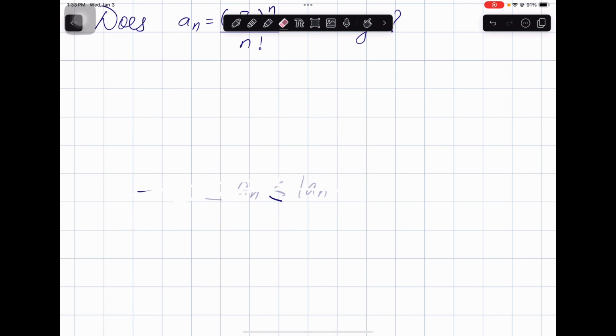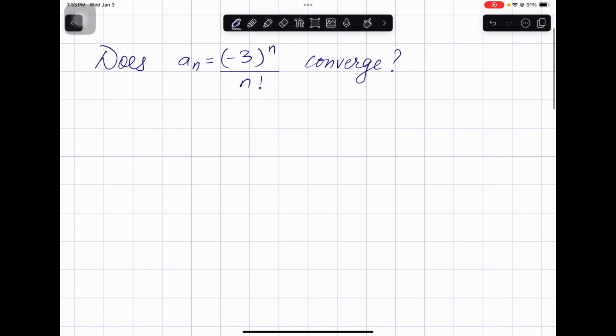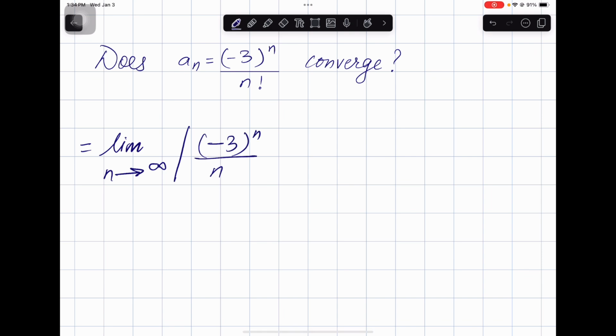So now, enough of the overview, let's dive into the question. We have minus 3 to the power n over n factorial. So let's take the limit as n tends to infinity, and use the absolute value. If we use the absolute value, then we will get this.